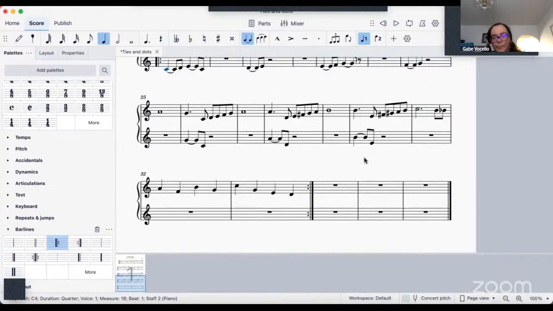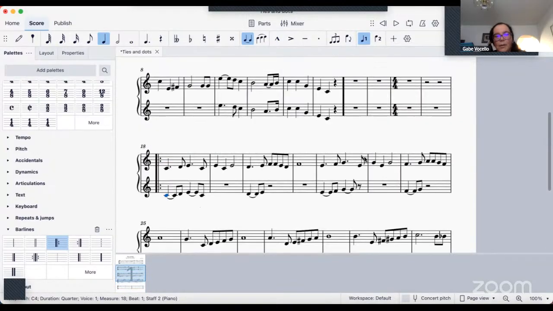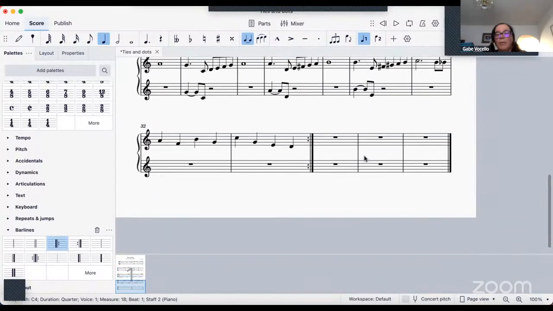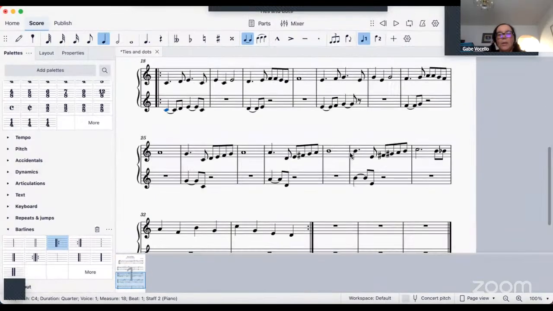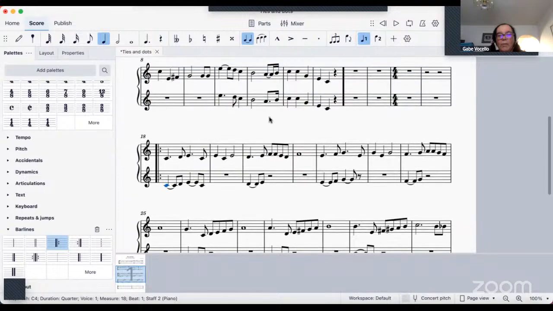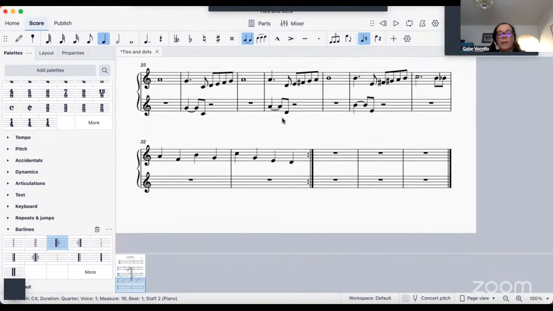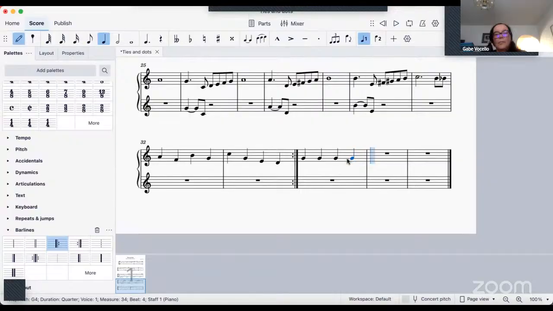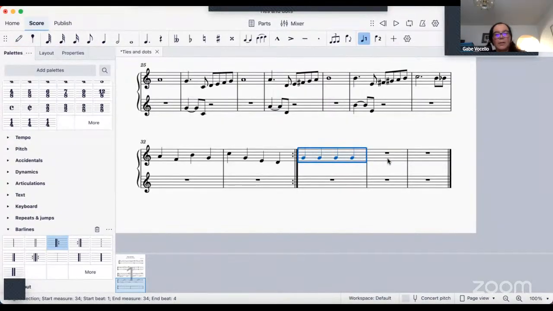Okay? A different type of dot. This dot is to add to the value of the note, and this is to subtract the value. Let me copy and paste because my vision here is limited.